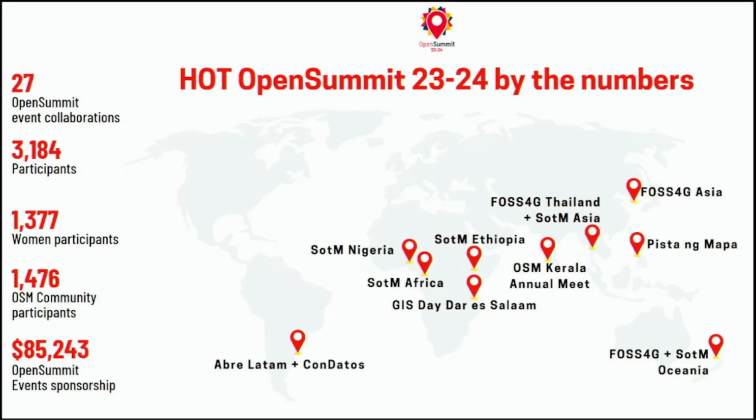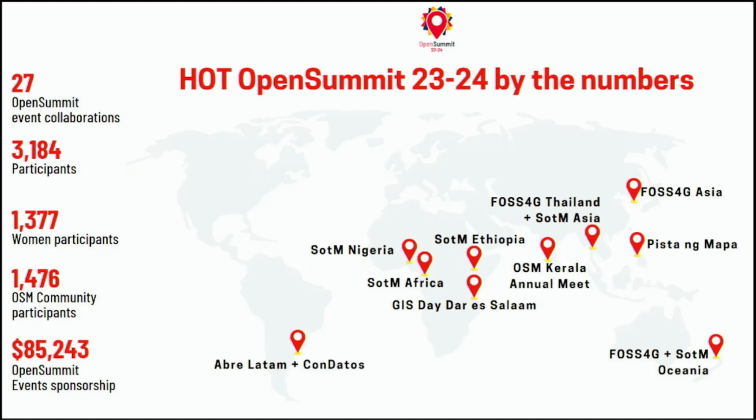From last year to this year, we have supported 27 events that have a reach of over 3,000 participants, 1,377 of those are women, and over 1,476 of them are OSM community members, and we have invested over 85K now, and you can see a wide range of events that we have collaborated with, and I know some of you in this room have collaborated with us on the Open Summit.